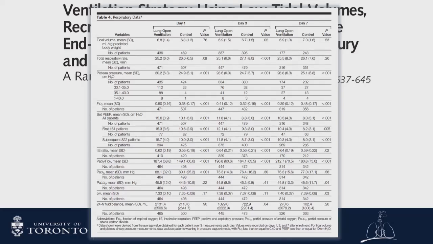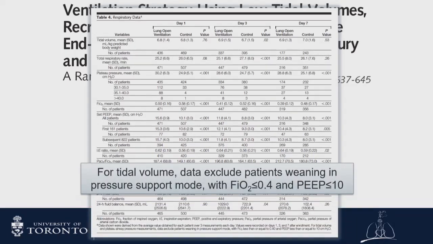Okay, we don't see the good slide, so maybe I'm not on the right slide. Can you tell me what slide you're showing? Yeah, what's it look like? Okay. Lung open ventilation table. Okay, that's good. And then click once more and it should bring up a little callout box that says for tidal volume, that's where we are? Okay, perfect. Now, good, this is good.